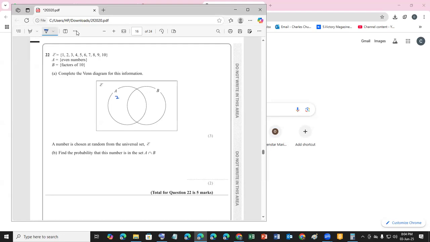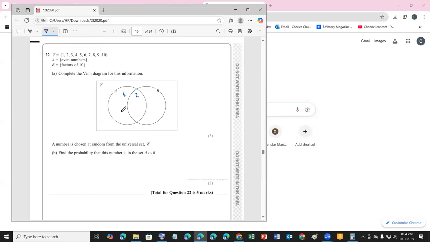I have to be careful now because some fall into the middle where it intersects. Sorry, I didn't erase it. I chose the eraser and didn't use it. So 2 should be here because it's an even number and it's a factor of 10. 4 is not a factor of 10, so it's on its own in even numbers.